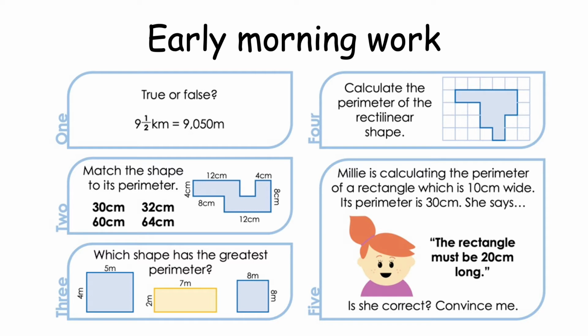It's 10 centimeters long. Its perimeter is 30 centimeters. She says the rectangle must be 20 centimeters long. Is she correct? You have to convince me that she is or she is not correct. So now pause the video and get started on those 5 questions.